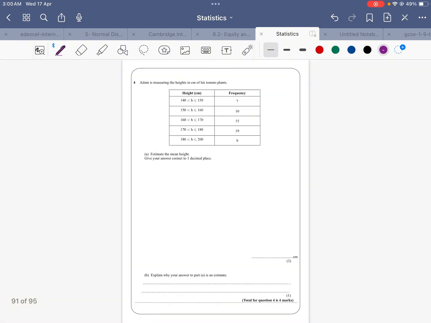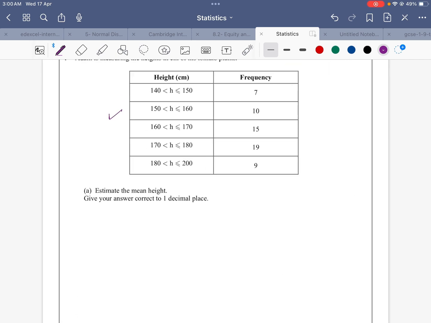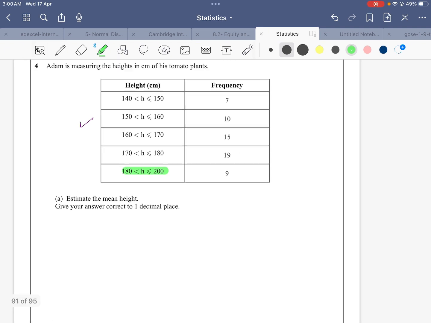This is possible even for those questions where class widths are different, where every class is not of the same width. For this one we can see class intervals are not the same width, like this one is 20 and the others are 10 each.